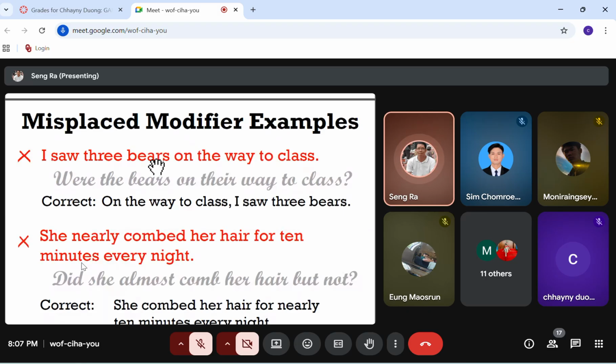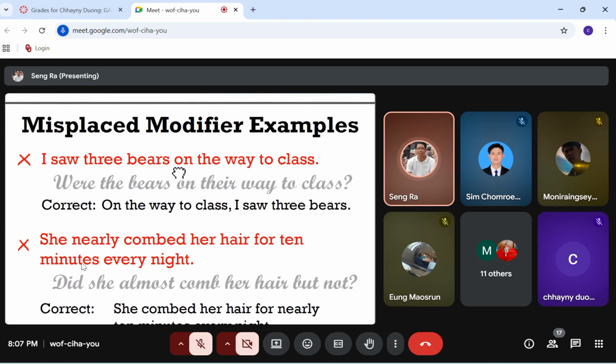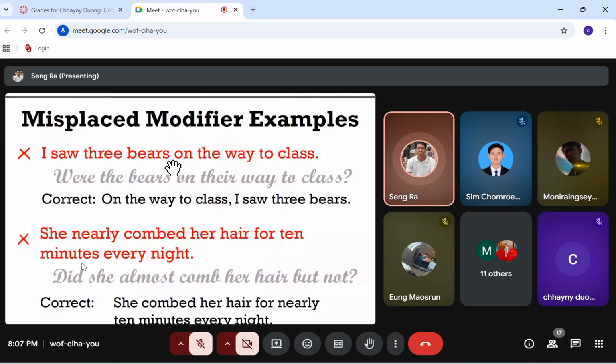So you think bears are going to class? They put on their school bags and go to class. Did you really see that? Or you were going to class, and on your way to class you saw 3 bears. So you need to make it clear.